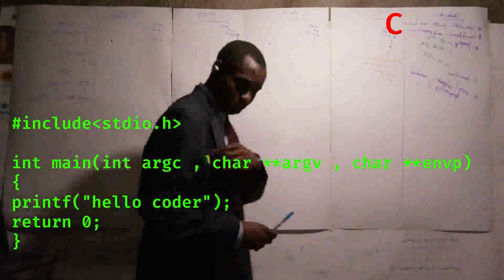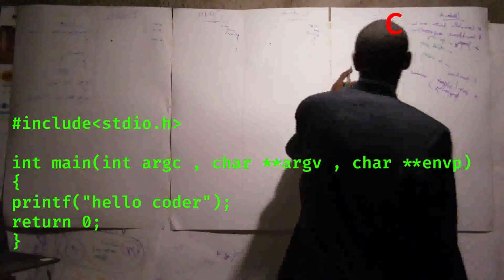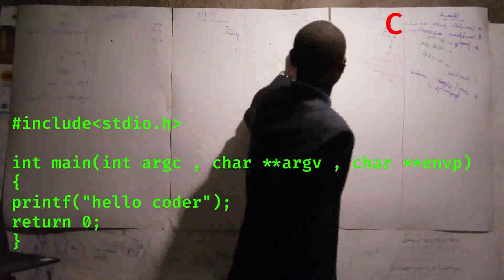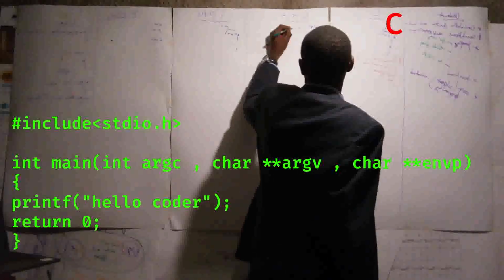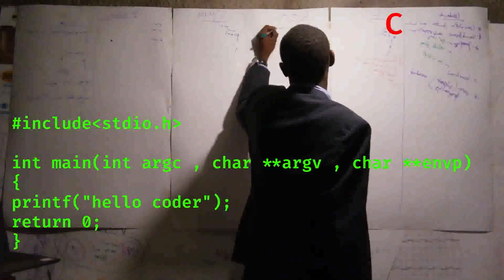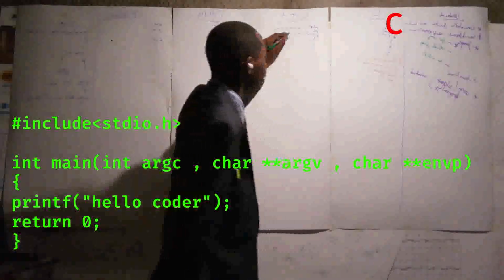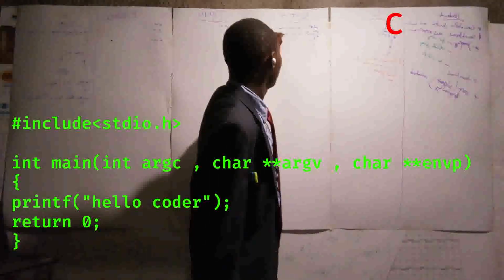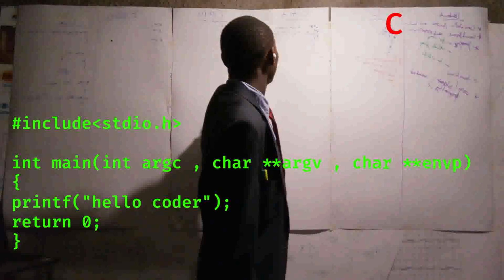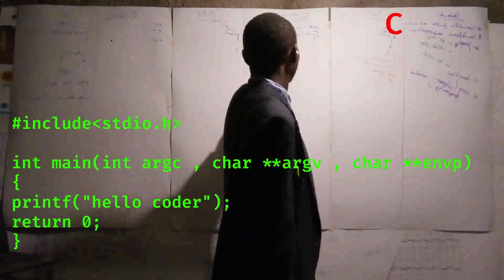So in C++, you should also write the code the same as C, but the difference is the library you call in C++. You would write include iostream, input and output streams, and then int main, and then int argc, char pointer argument variable, and char pointer environment variable, open braces and close braces.